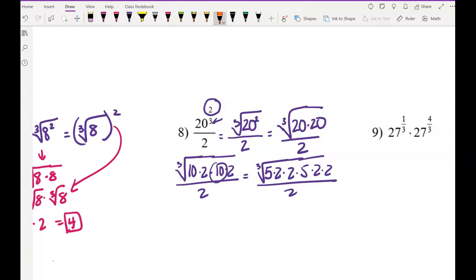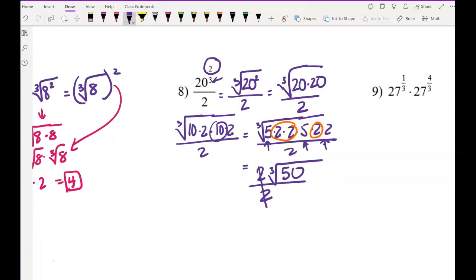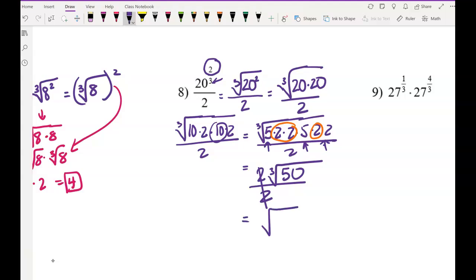Since your index is 3, I have four 2's to be exact, but I can only take out a set of triplets. So I'm still going to have something left on the inside. I can take out one 2, and the cube root of 5 is left. 5 is left, and a 2. Okay, so 5 times 5 is 25 times 2 is 50, all over 2 on the outside. Reduce that, and our final answer is going to be the cube root of 50, just like that.